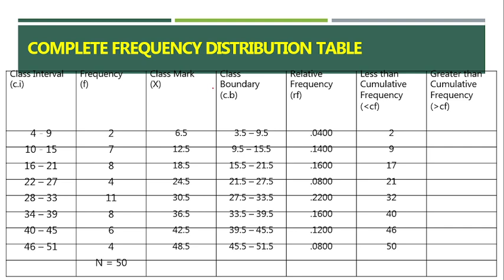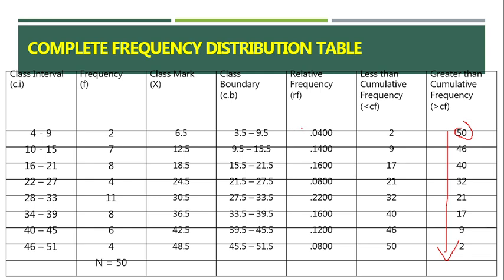But what is the less than and greater than frequency? When we are saying less than, you're going to start your table or your frequency from the lowest to the highest. Okay po? Lowest to highest. How about for greater than cumulative frequency? Highest to lowest. That's the essence only. Okay? So, what's your highest frequency or the total number?